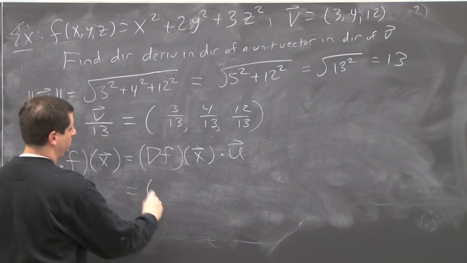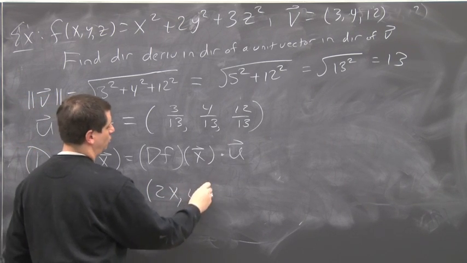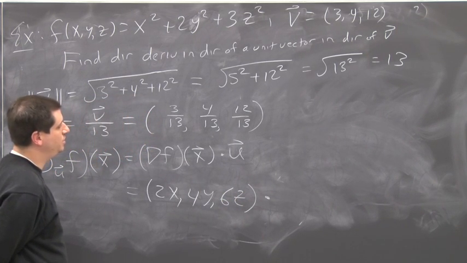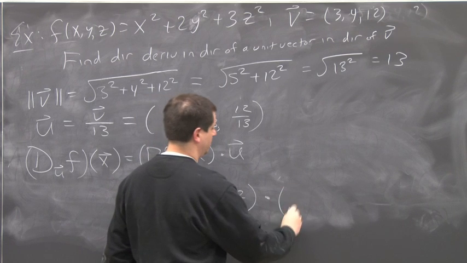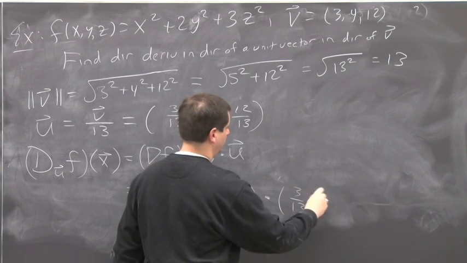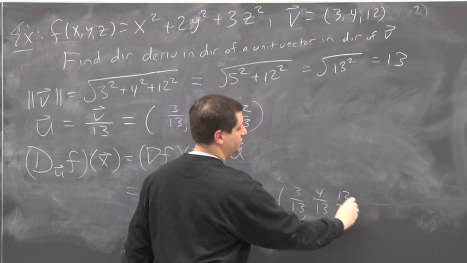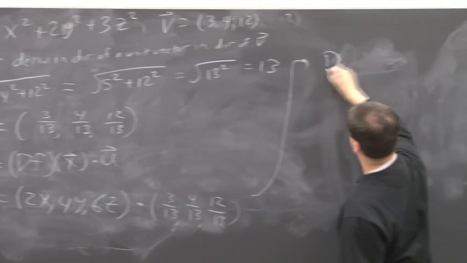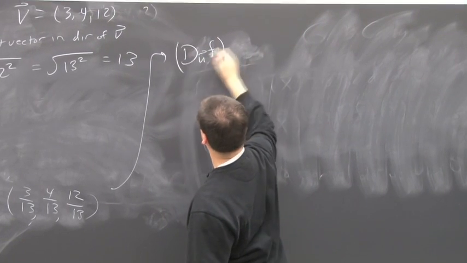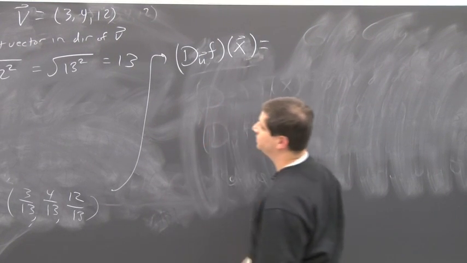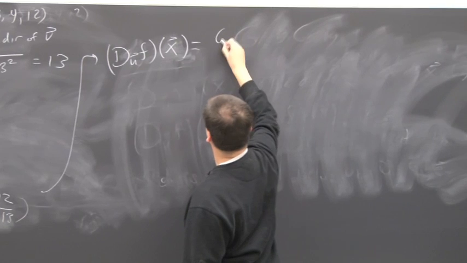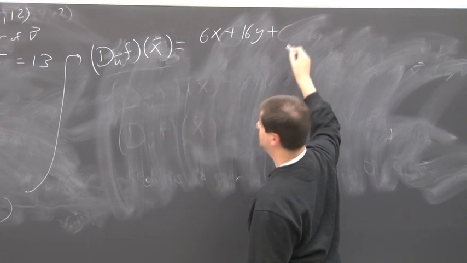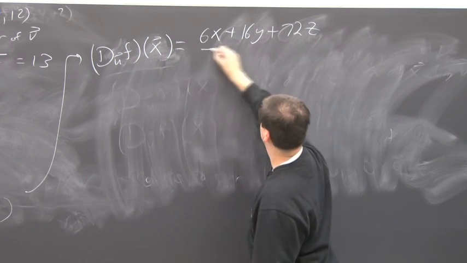That's going to be 2x, 4y, 6z. And now I have to take the dot product with my unit vector u, which is 3/13, 4/13, 12/13. And so we get the directional derivative of f in the direction u at the point x is just (6x plus 16y plus 72z) divided by 13.